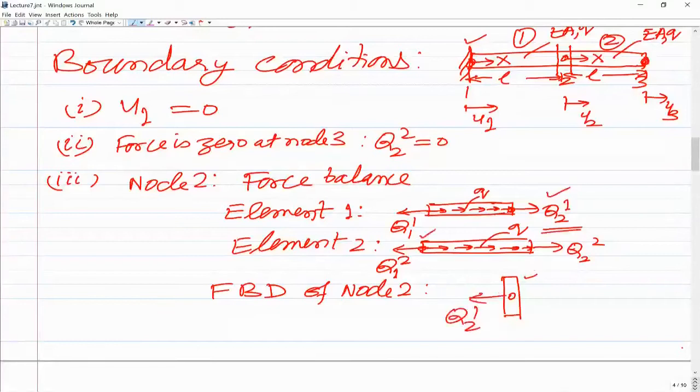This force is on the element from node 2, so the force on the node would be opposite of this, so that would be q12 in this direction. Although for the problem at hand there is no external force at node 2, let us say there is an externally applied load P at this particular node.